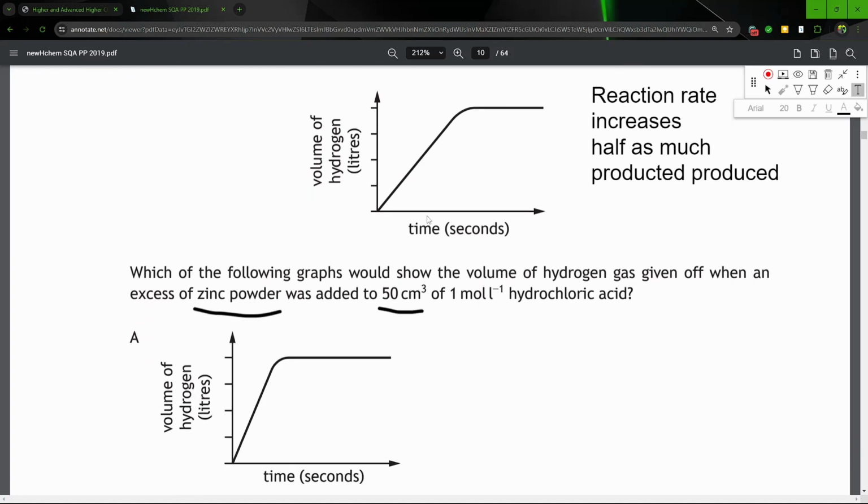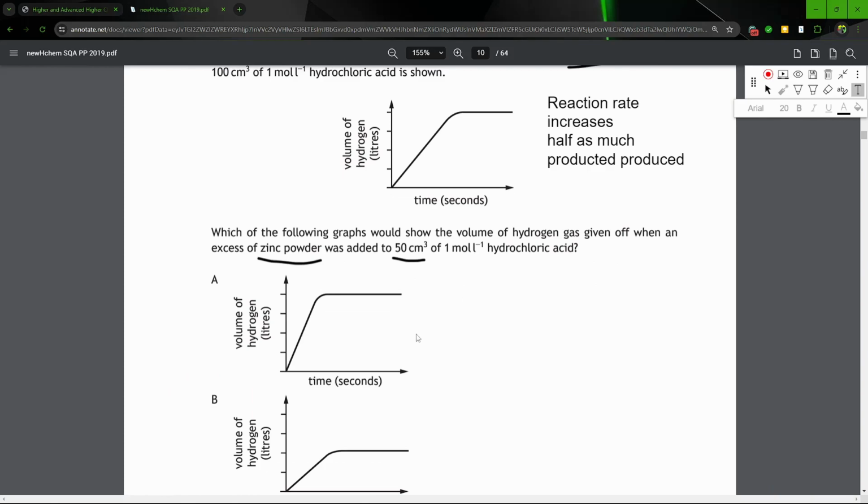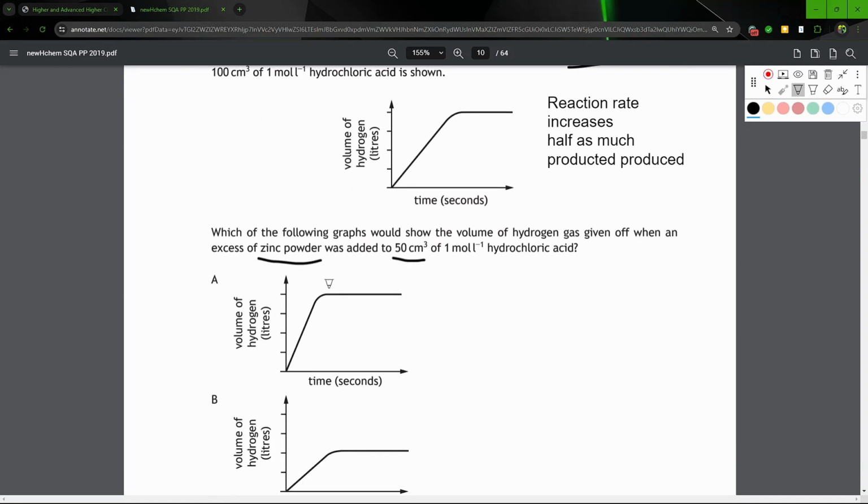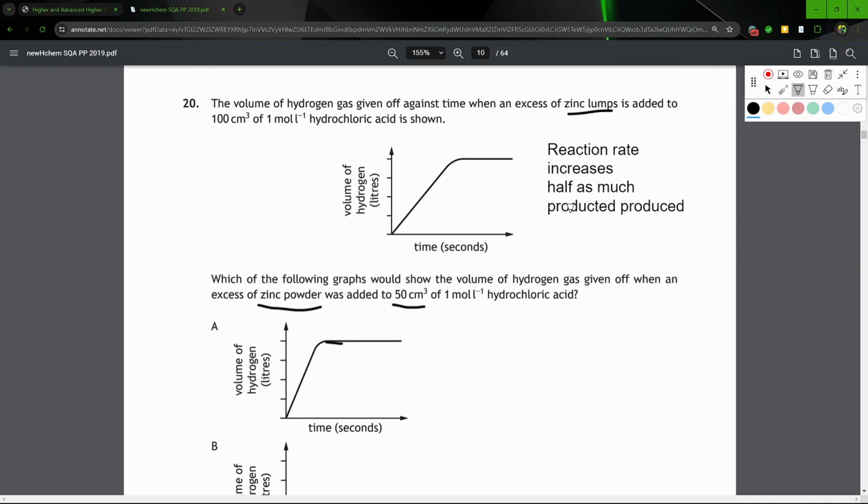Okay, so now we've got these golden rules here. Now we just need to have a look at these graphs and see if any of them make any sense. So A has higher reaction rate, but it goes to the same level as before, which means that it's garbage because we've said there's less product produced.